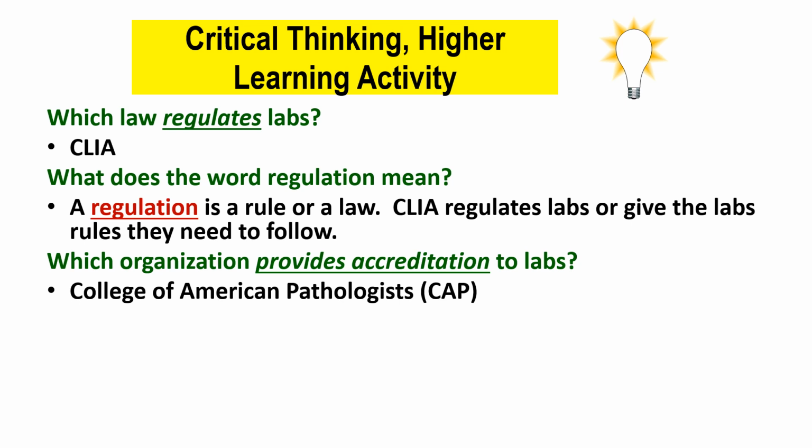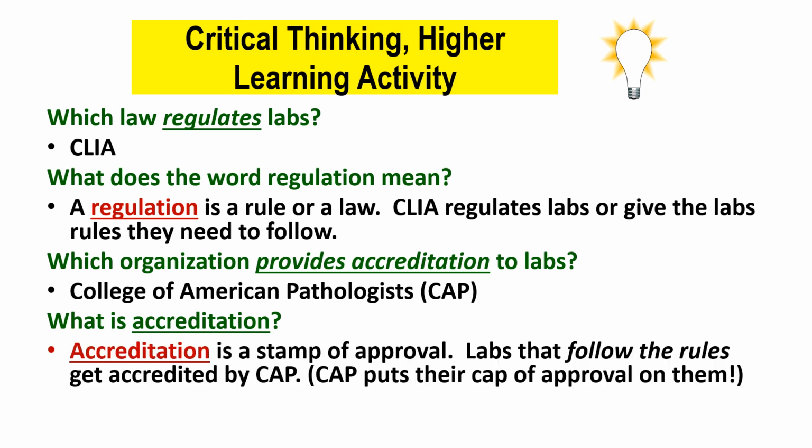But remember, the College of American Pathologists, CAP, is the organization that provides accreditation to labs. So if we're talking about that, what does accreditation mean? Accreditation is what we refer to as a stamp of approval. Labs that follow the rules get accredited by CAP. CAP puts their cap of approval on them.